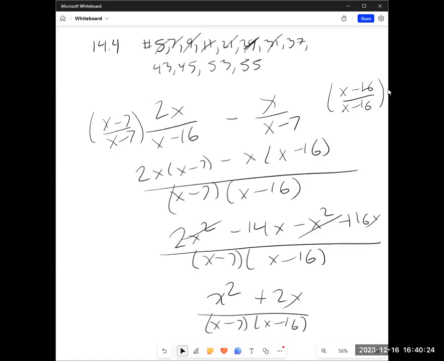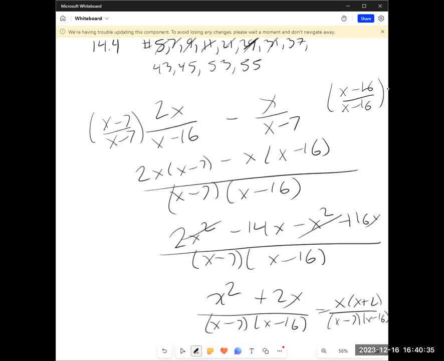So this is going to break down into x times x plus 2 over x minus 7, x minus 16. None of those factors are in common, so we leave that alone.